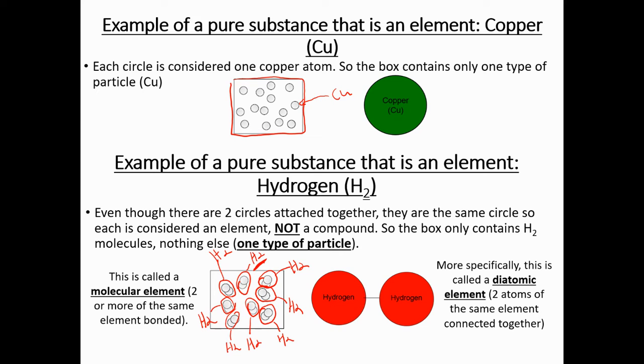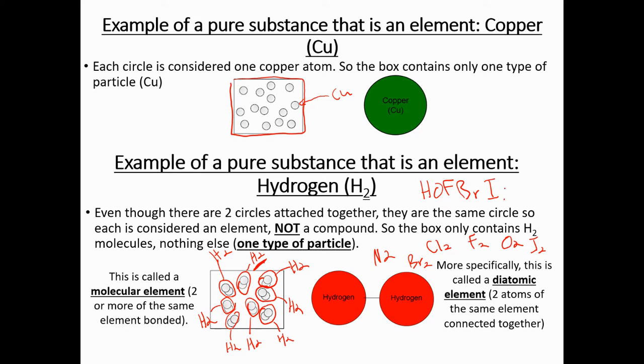This is actually called a diatomic element. So when you have two of the same elements connected together, yes, it's a molecular element, but when it's specifically two, we call it diatomic element. So Cl2 is diatomic, F2 is diatomic, O2 is diatomic, N2 is diatomic, Br2 is diatomic. You might have remembered your Hofbrinkel elements.